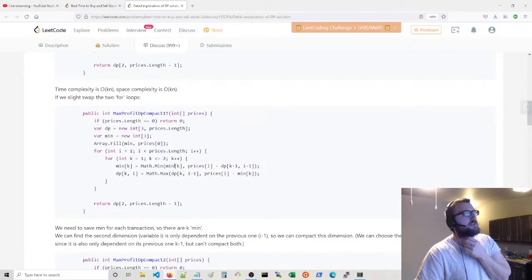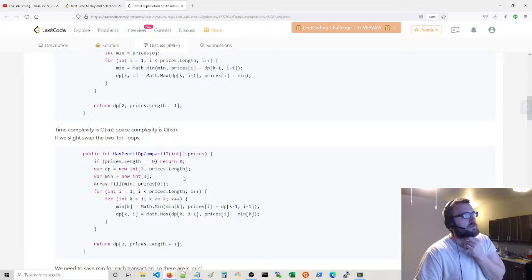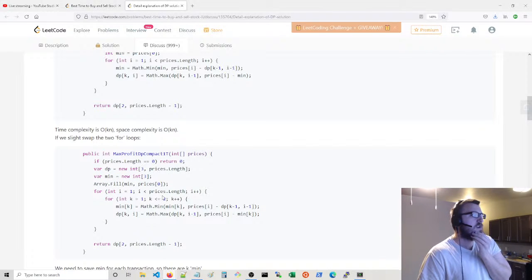But the reason why you can optimize out the i-1 portion is why. So we could stick minimum into an array, and then we can set dp of previous to dp of previous of i.